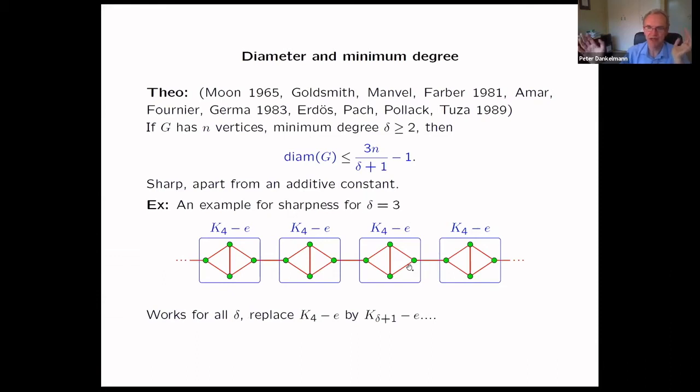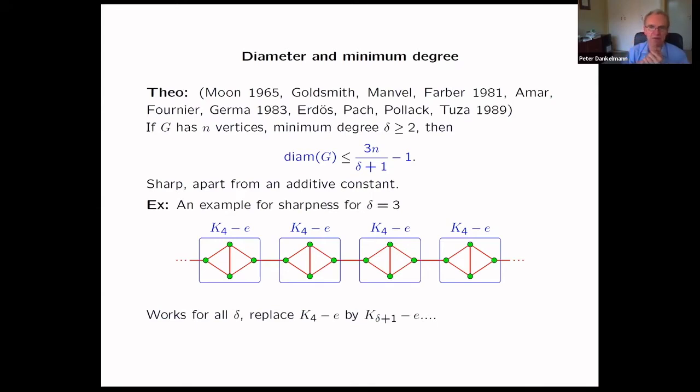But if delta is greater than 3, then we will find all sorts of subgraphs in it: triangles or 4-cycles or smaller complete subgraphs, cliques, as long as they have fewer than delta vertices, and so on.